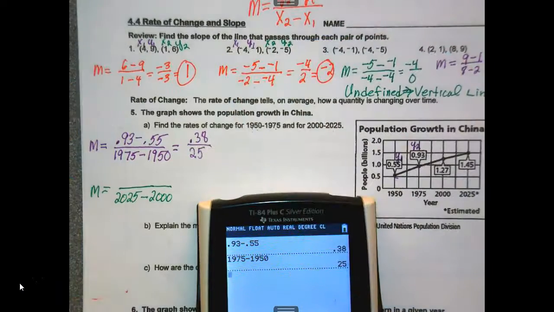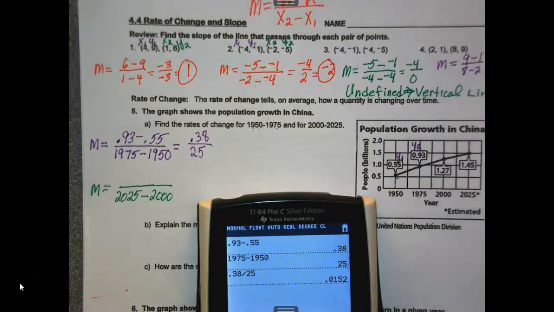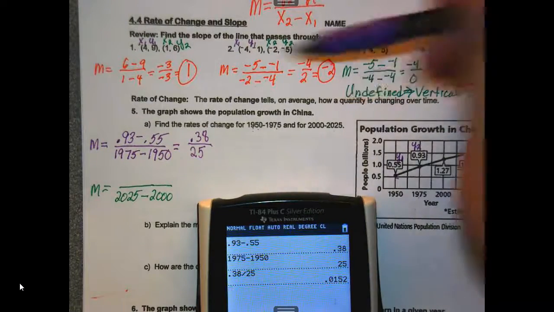Okay, normally we would stop there if they were asking for slope, but they are asking for rate of change. So we need to put this in a real life situation. We need to be able to describe this. So we're going to actually divide this out. 0.38 divided by 25.